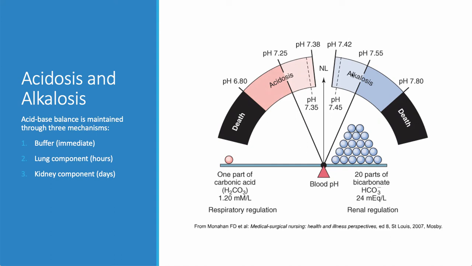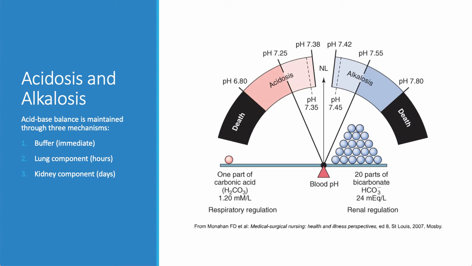All right. And if you blow off too much CO2 or you have too much bicarb, that puts you over here in the alkalosis world. And notice that once you get past a pH of 6.8, you're just dead. Like, that's unrecoverable. And a pH greater than 7.8, dead.